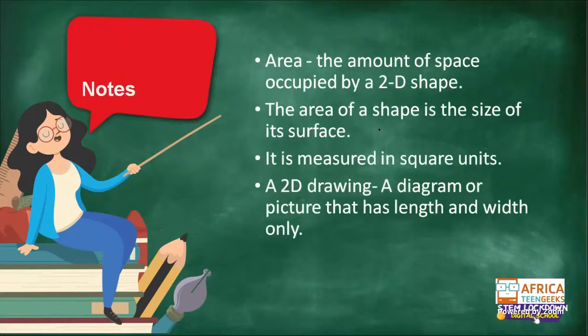Okay, now first of all, let's define area. Area is the amount of space occupied by an object, or to be specific, by a two-dimensional shape. Last time we were looking at perimeter. Perimeter is one-dimensional, right?